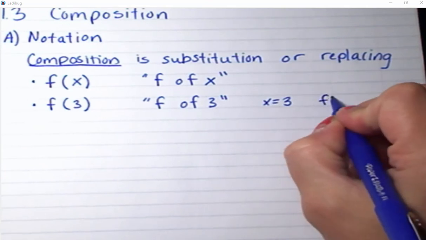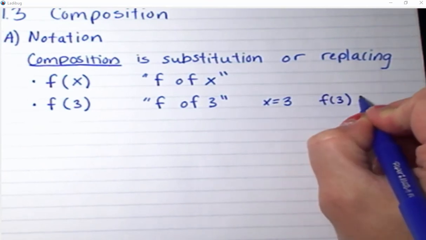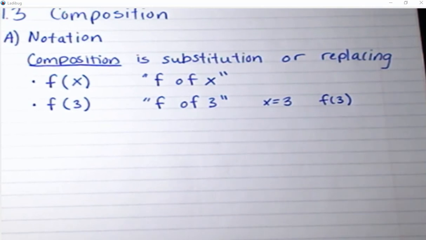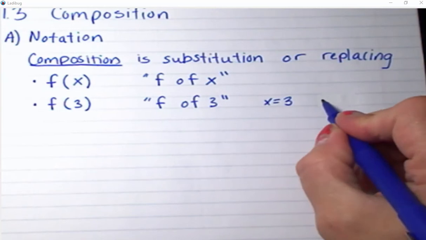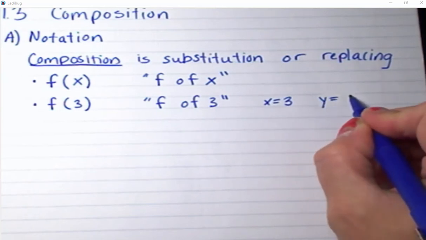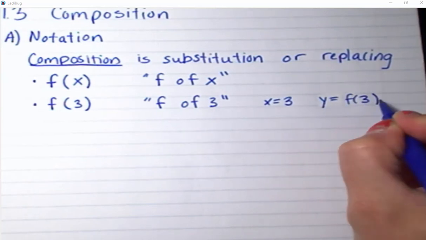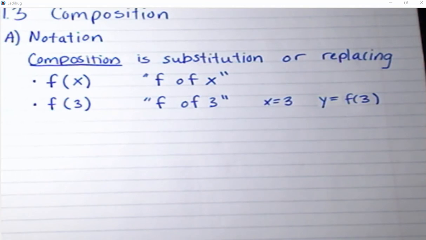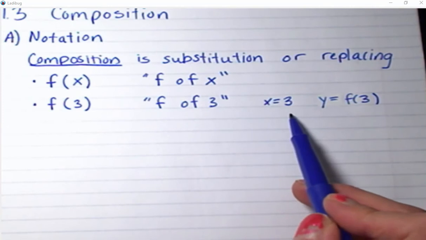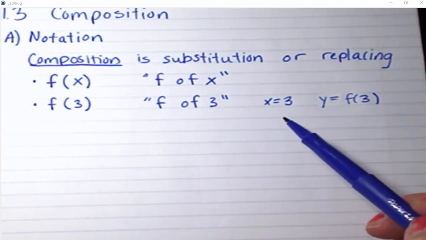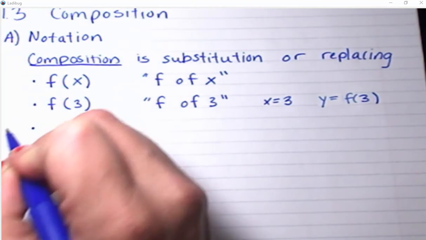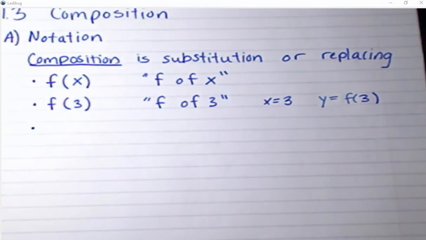Okay, now keep in mind that f of 3 is the y coordinate. It's a different way to think of x and y. The x is being replaced by 3. All right. That was the review portion there.